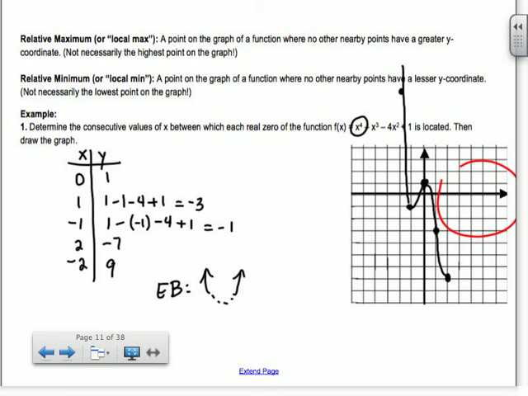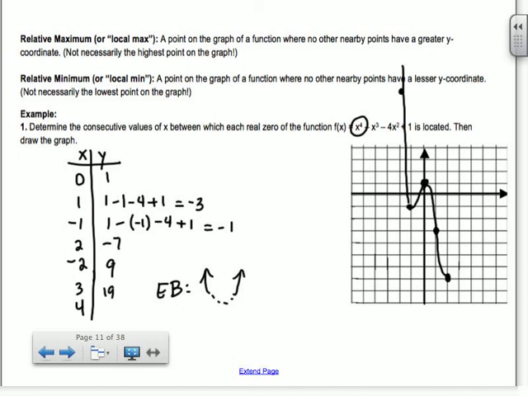Doesn't like me. It's frozen. Okay, when you plugged 3 in, what'd you guys get? 19.